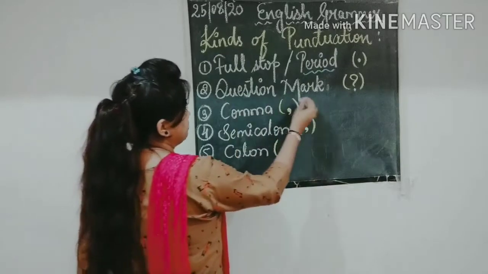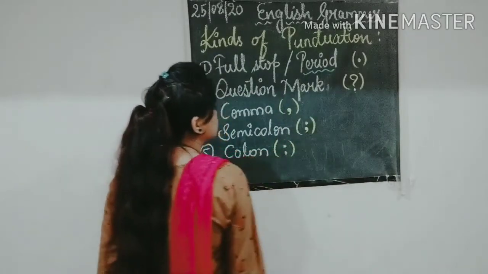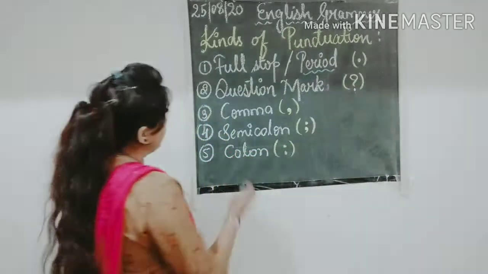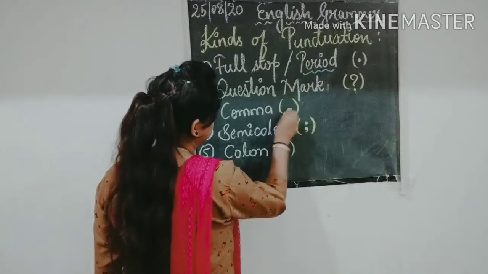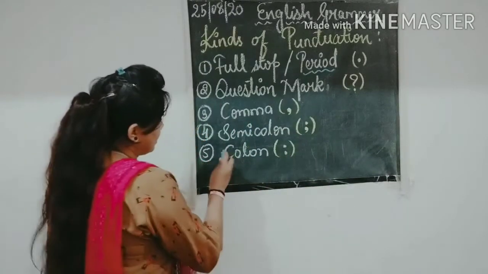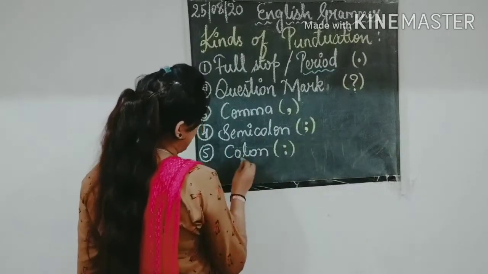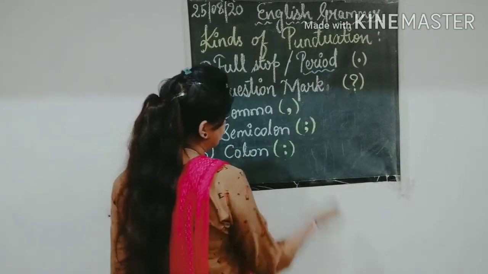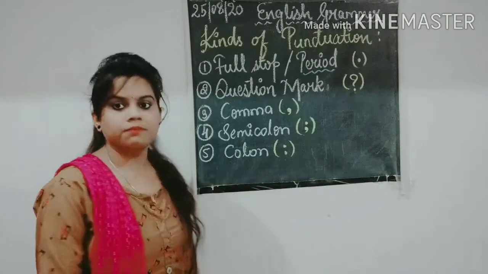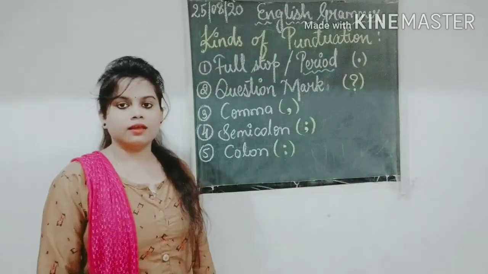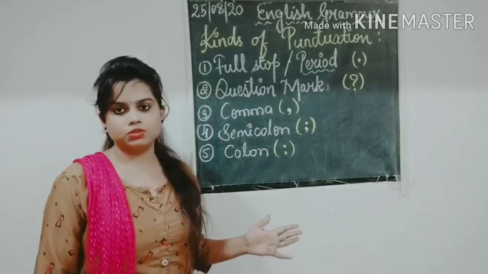Second is question mark, denoted by the question mark sign. Next is comma. And next is semicolon, denoted like this. And colon, denoted like this, two dots.